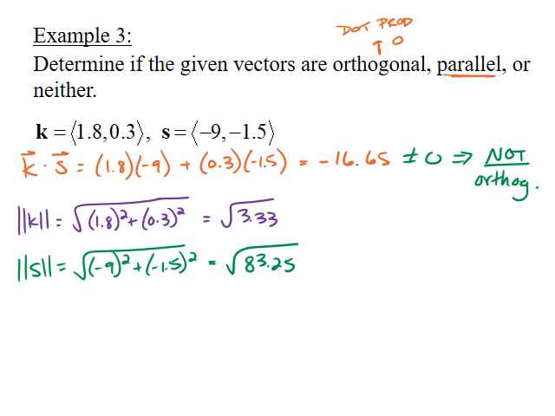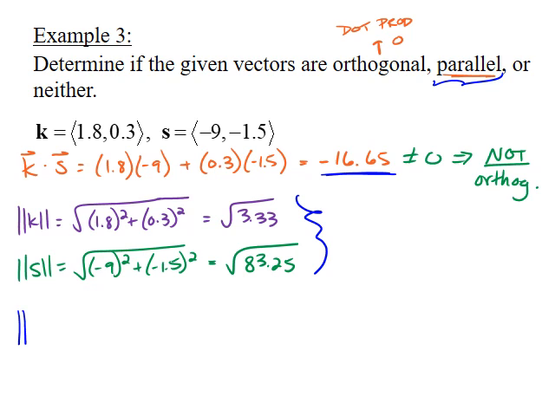Okay, now if I multiply these, if I get either a negative 16.65 or a positive 16.65, then these vectors are parallel. If I get anything else, then the two vectors are neither.